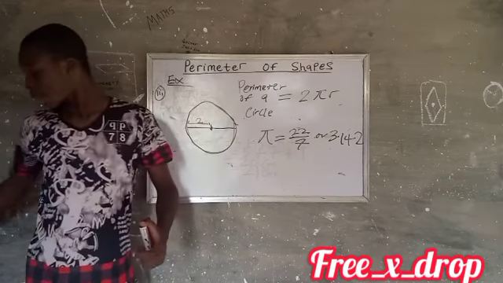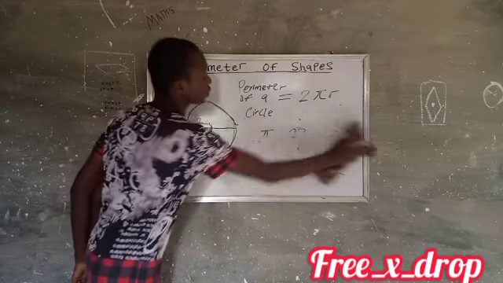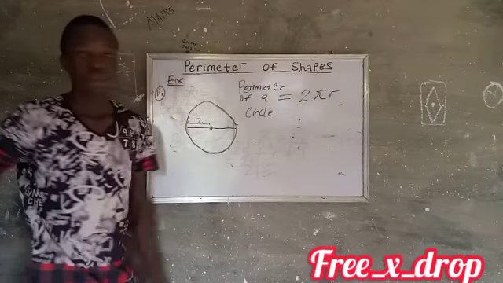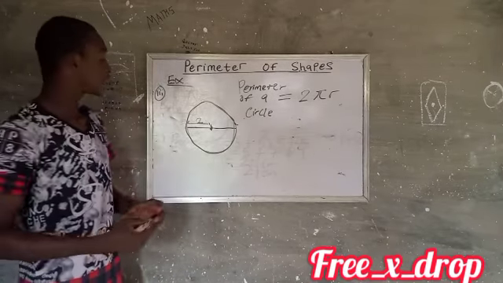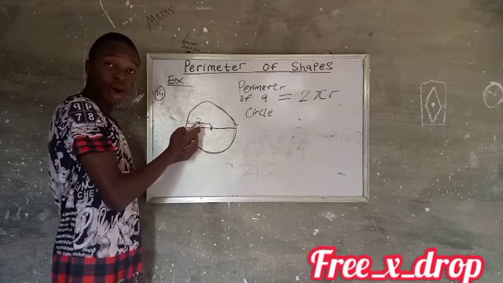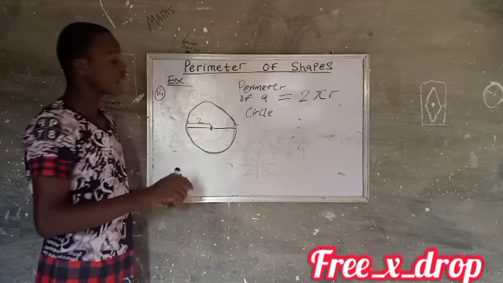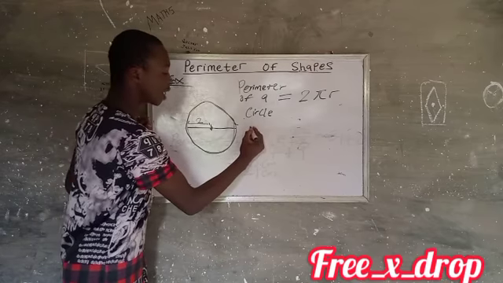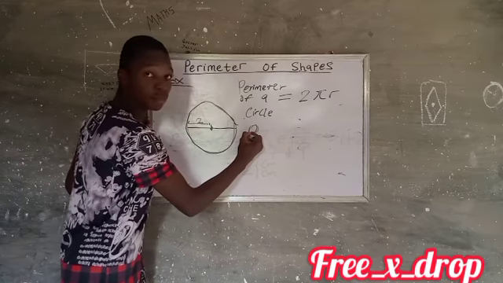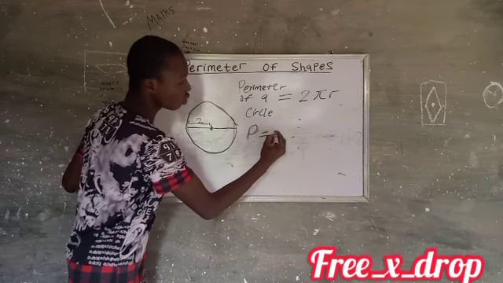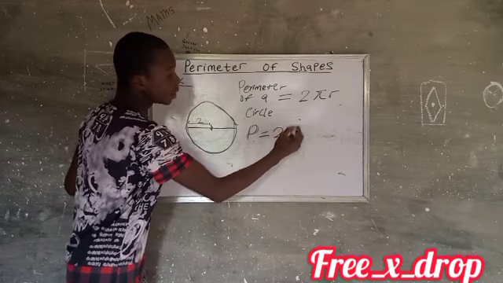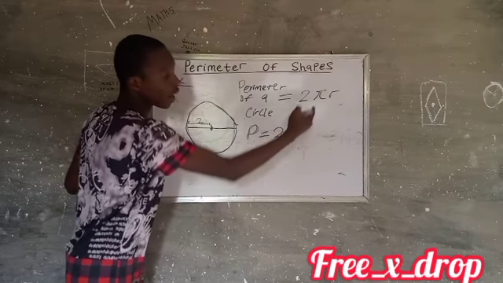So you simply apply the formula, which is this, 2 pi r. So what do you do next? You put everything you have into the formula. Now, the perimeter of a circle is equal to 2 times what? You know your pi.